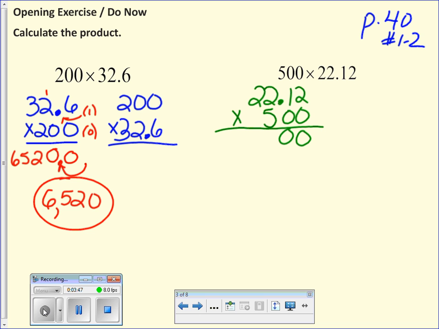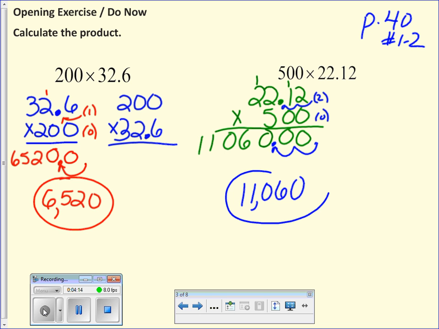So 5 times 2 is 10. 5 times 1 is 5, plus 1 is 6. 5 times 2 is 10, 11. But now here I have 2 digits after the decimal. Here I have 0 digits after the decimal. So now I have to move my decimal in my product 2 places. So then I rewrite my answer so that I can read it and circle it.